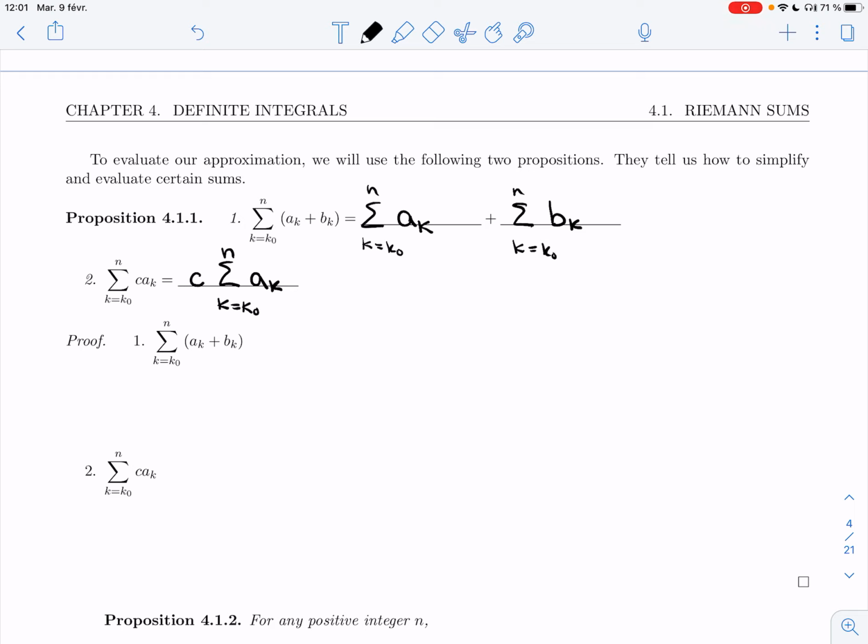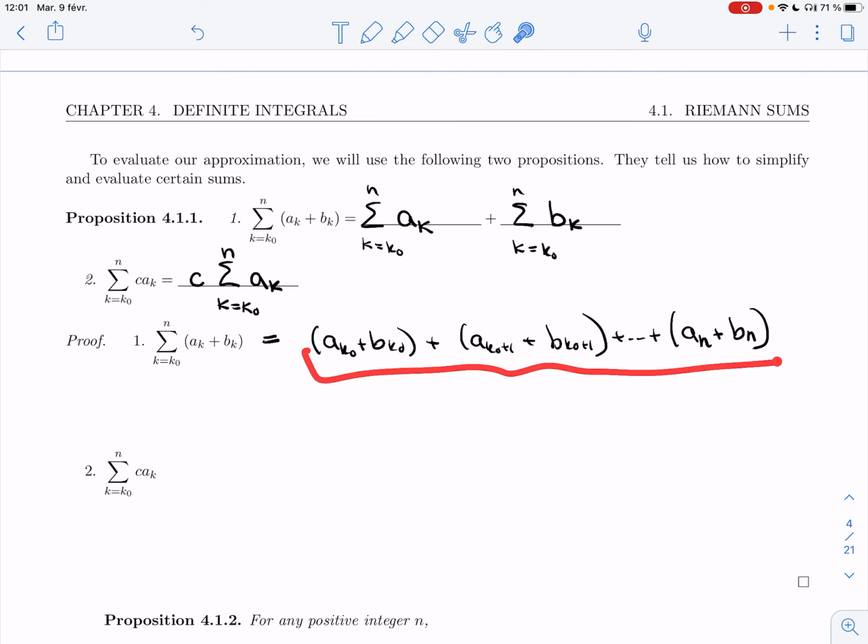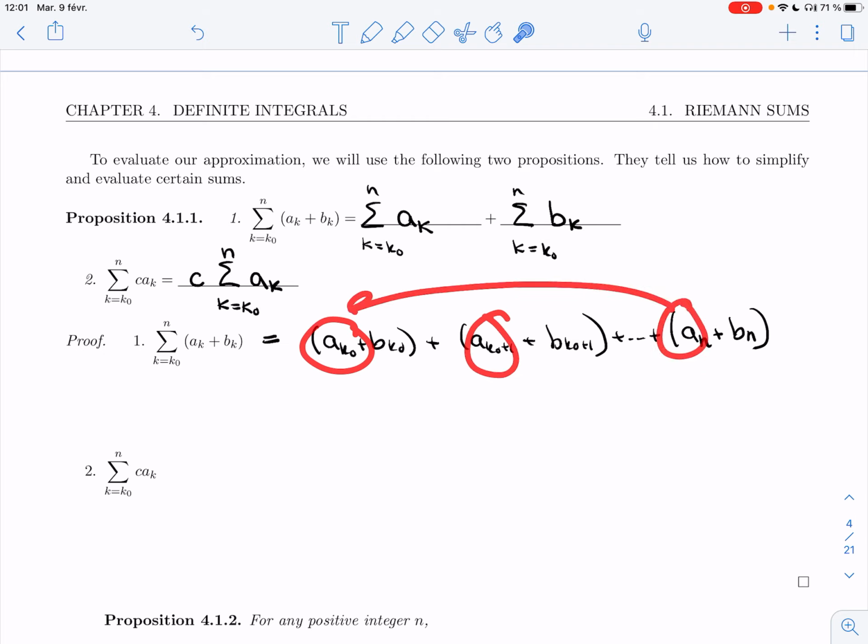All right, so let me show you why that works. For the first one, I'll be adding all of these terms, up to n. Well, this is just a bunch of sums. I can order them as I wish. So I'm going to take all the A's and put them in front.